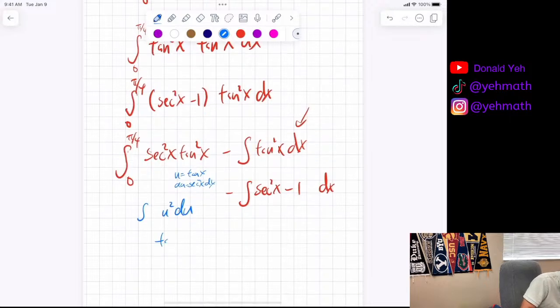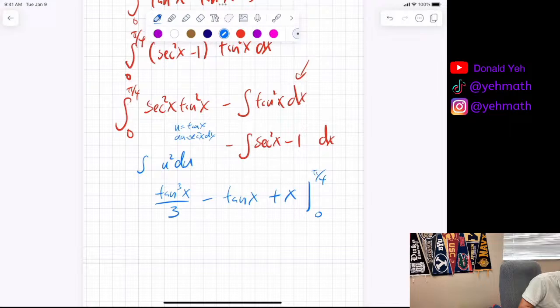Right, that's going to be tangent cubed x over 3 minus, what's the integration of secant squared? Tangent of x plus x, between pi over 4 and 0.